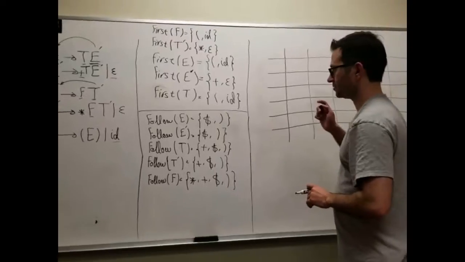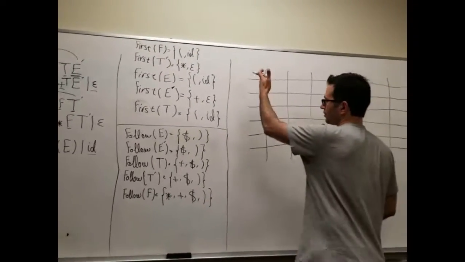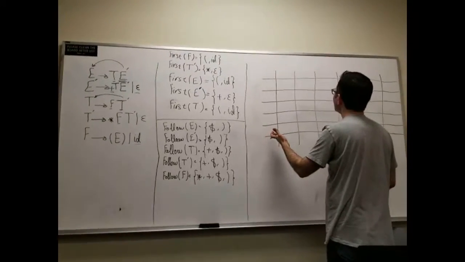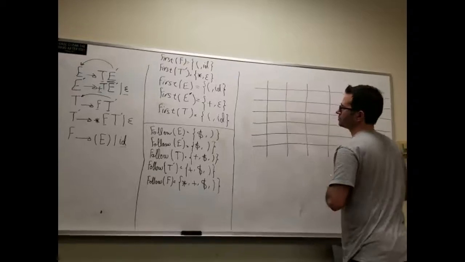So now for the parsing table, we need to have a symbol on the left side and the terminals on the bottom.